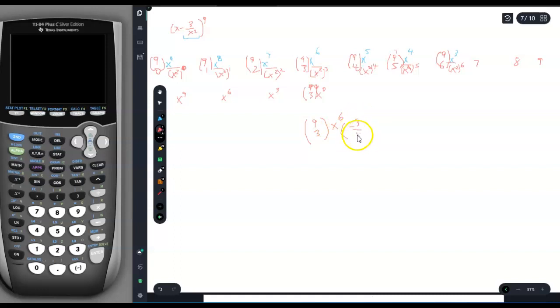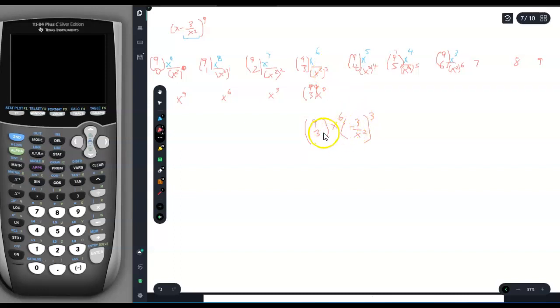Now that I'm going to really expand it, instead of just writing x squared in the denominator, I'm also putting the negative 3 there because that's super important, right? And the b term exponent is 3.